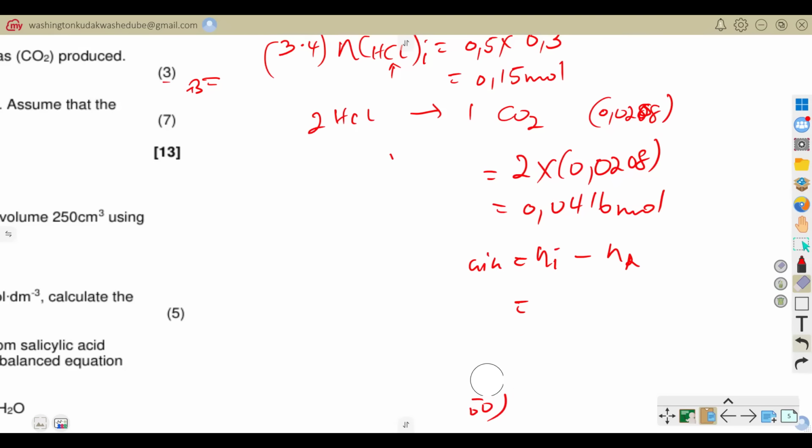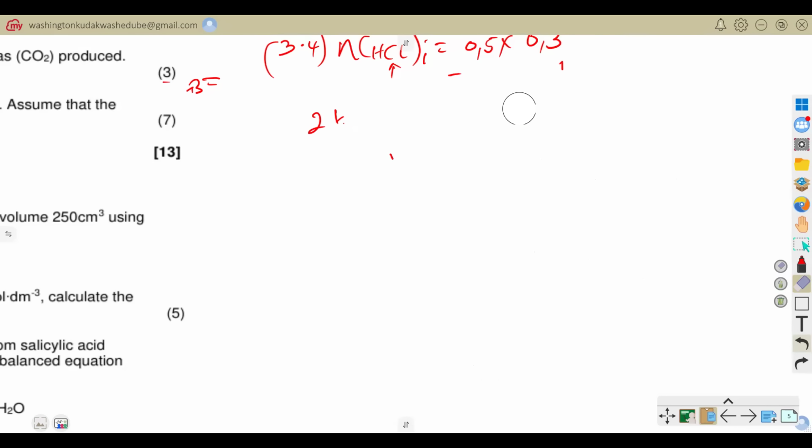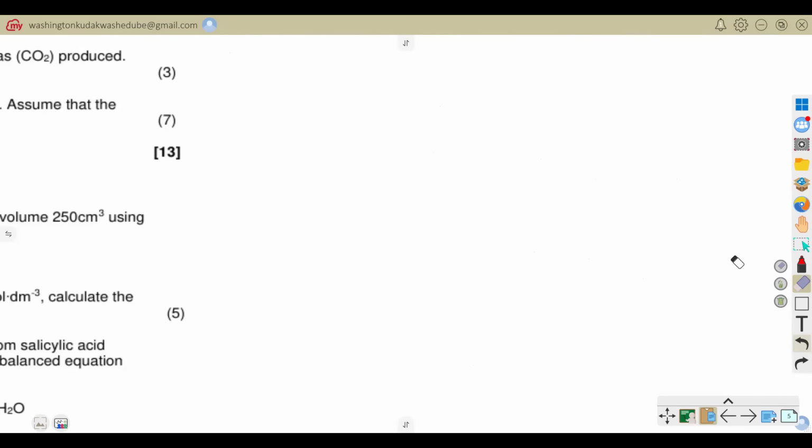So we know that if you have a hydrated solute, it simply means that the hydrated solute has some water molecules trapped within it.